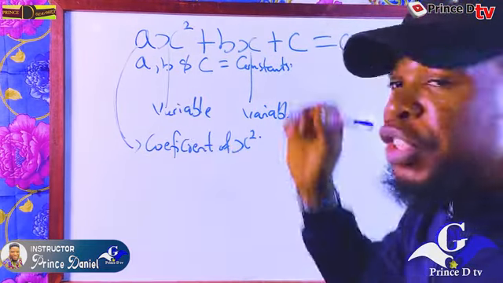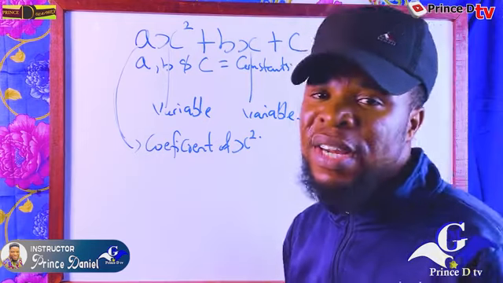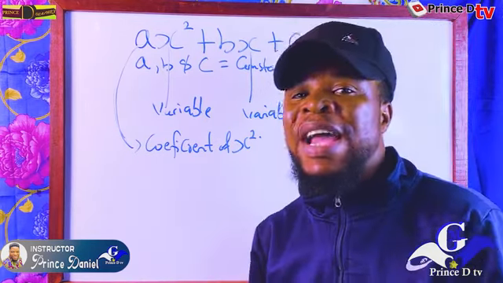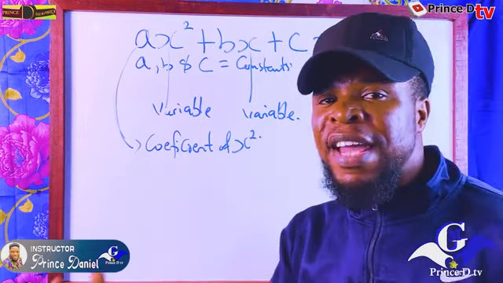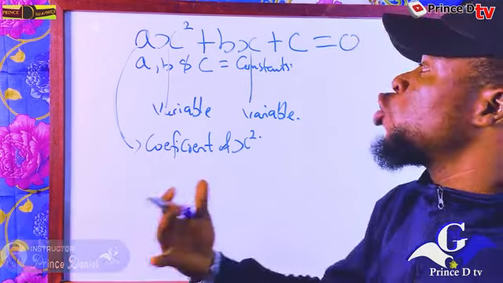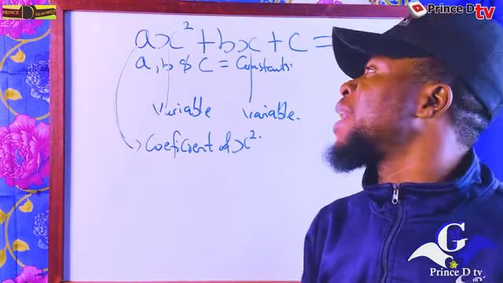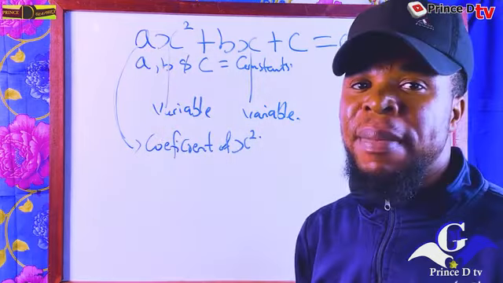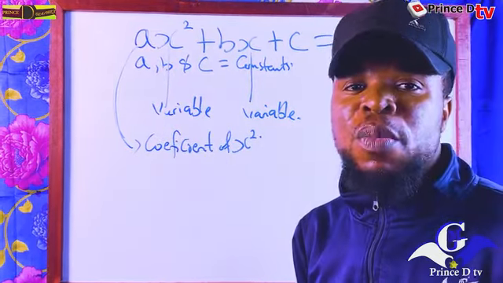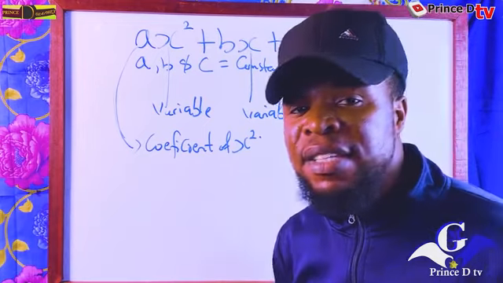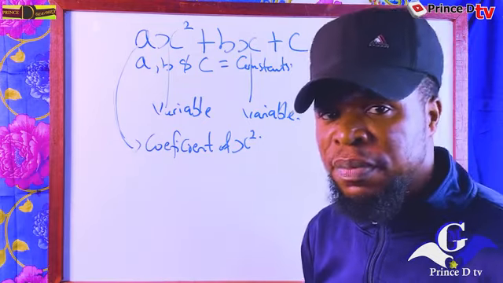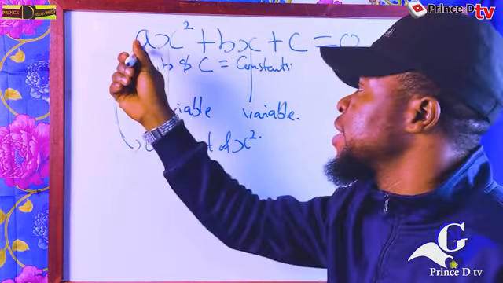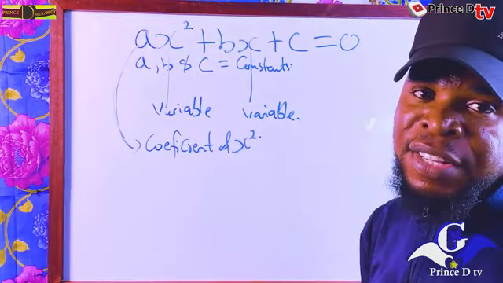You can be given a quadratic equation and asked to identify the coefficient of x squared. So the coefficient of x squared is simply the number being multiplied to x squared. The number is always before. Mind you, the coefficient can be negative or positive. The coefficient can even be a fraction. But you need to understand the coefficient is the number multiplying the x squared.